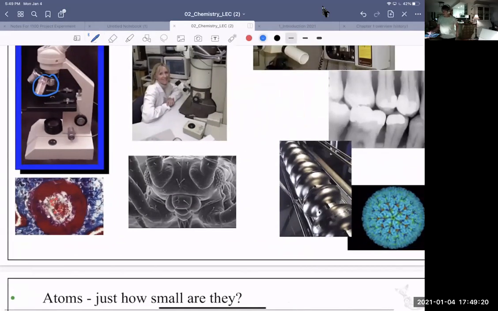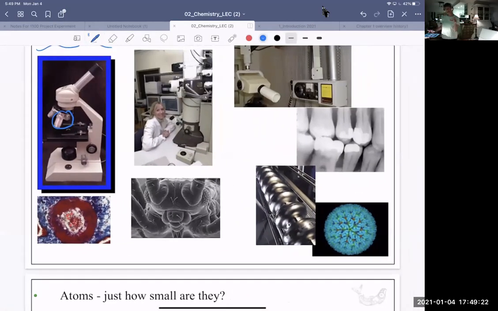The electron microscope, there's two kinds. There's a transmission electron microscope that you need a very, very thin specimen for, and it shoots electrons. And there is the scanning electron microscope with which you get 3D images, 3 dimensions. Here's your basic X-ray for which you, at the dentist, can see whether you have cavities.